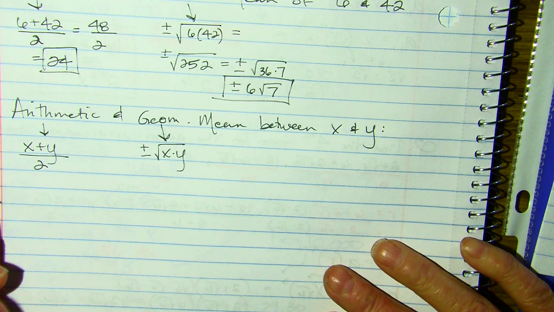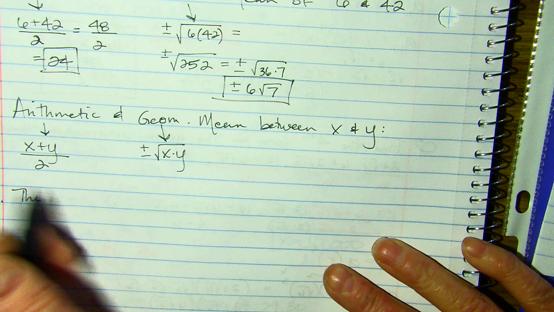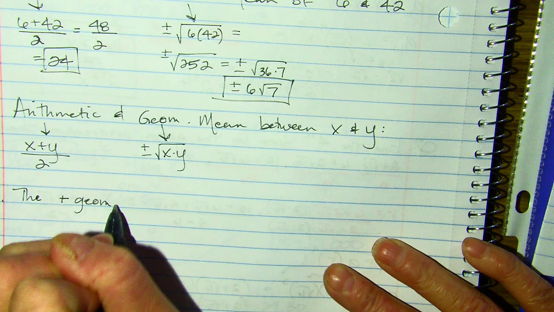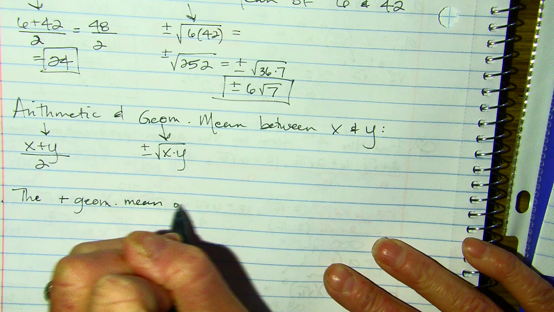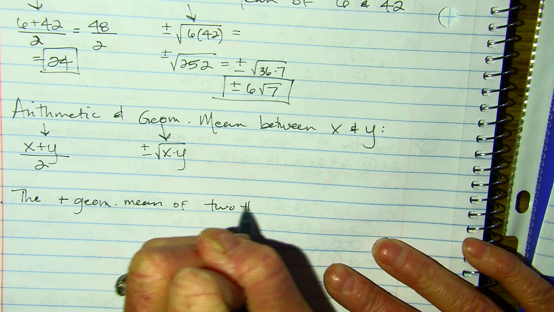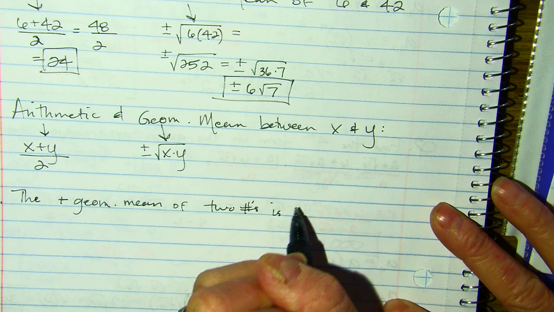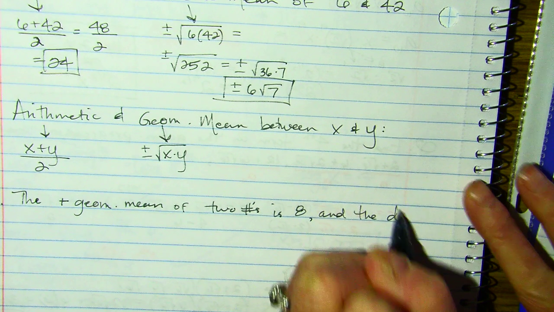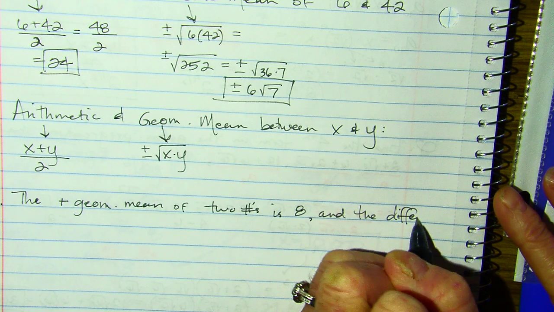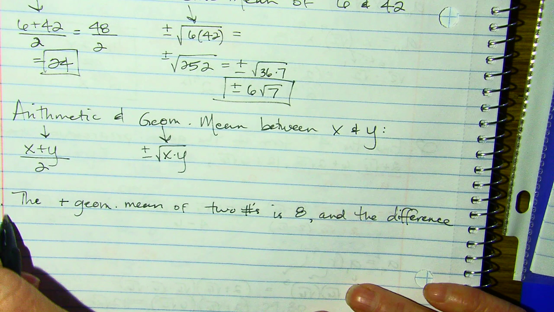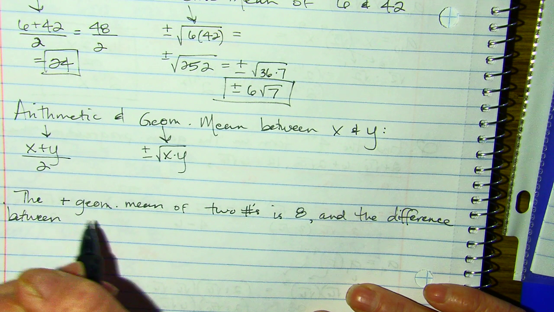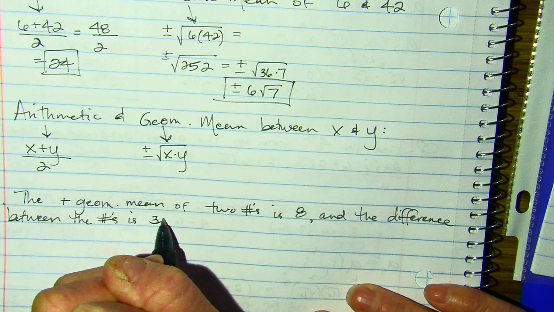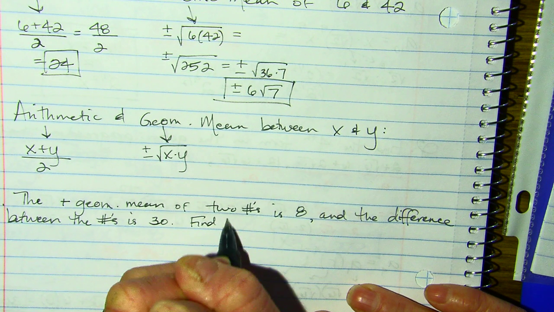So if the positive geometric mean of two numbers is 8, and the difference between the numbers is 30, find your numbers.